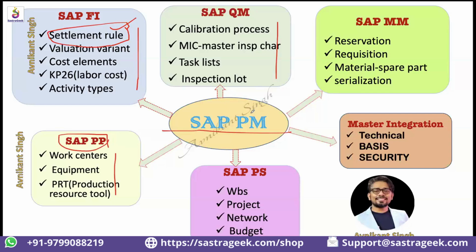We will see in the next slide how PM business processes are defined, because to maintain something, we need a certain process to be followed. And that is what SAP ERP is all about, right? PS is a very interesting integration that we will come to know in detail in the sessions: WBS, projects, network, budget. So we will understand this.